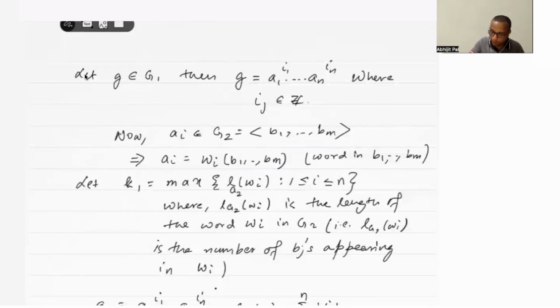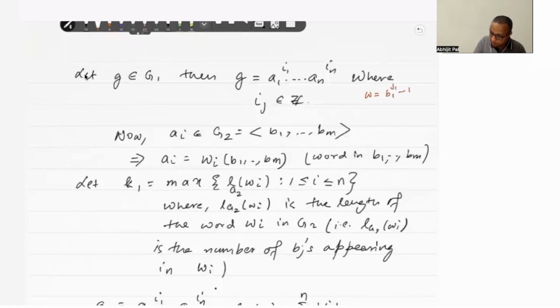Here length means the following. If I take some word, let us take W to be B1 to the power J1, ..., BM to the power JM, then the length of this W means the summation of all the modulus of JR. For example, if I take this word B1, B2, B1 inverse, B1, this word may not be reduced, but the length of this word is 1 plus 1 plus 1 plus 1.